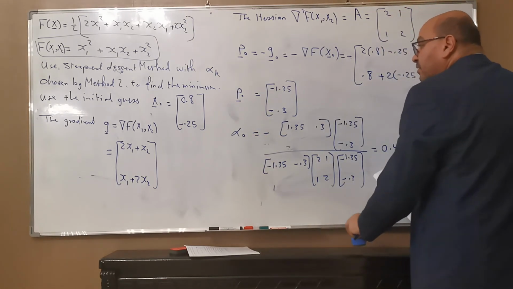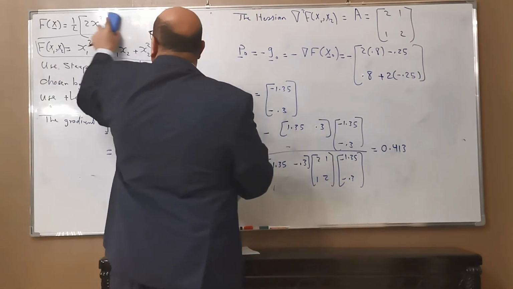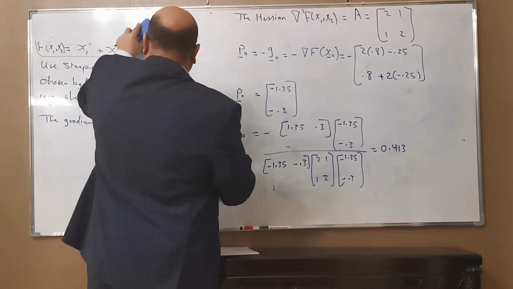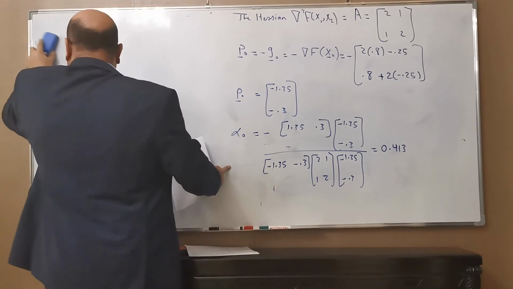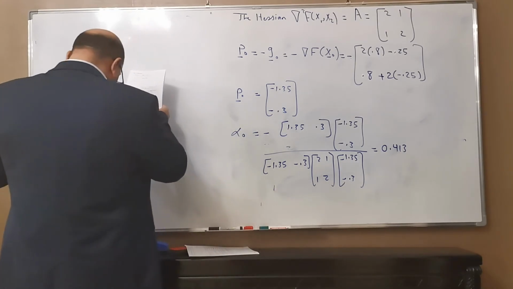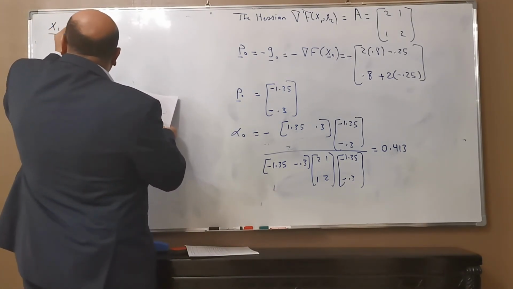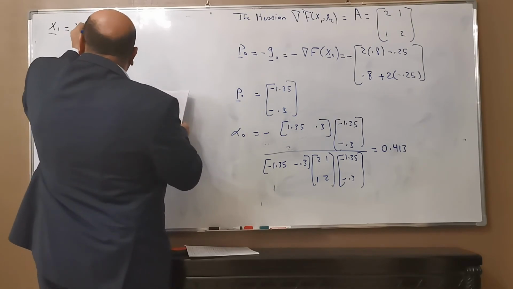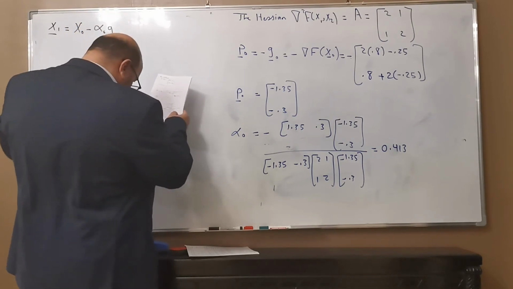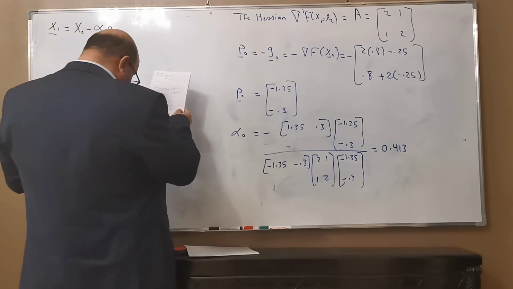You multiply it to find the value of x1. So the value of x1 is equal to x0 minus alpha 0 g0, or plus alpha 0 p0, it's the same.